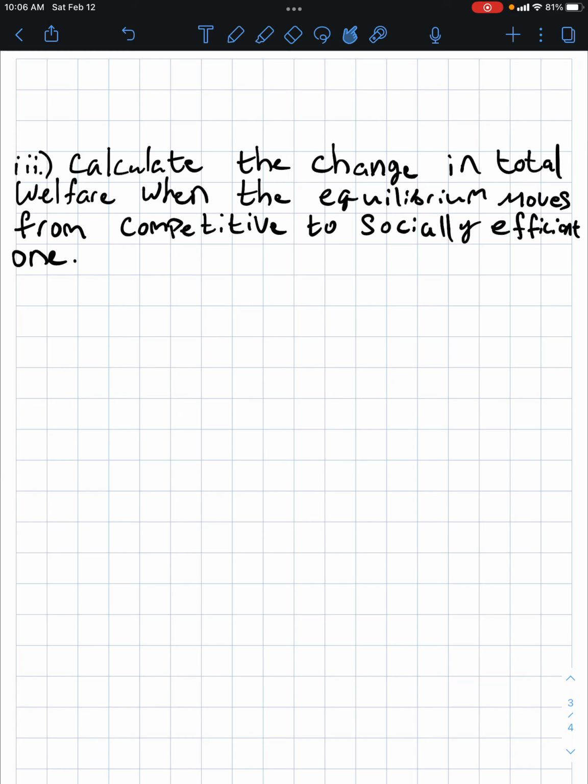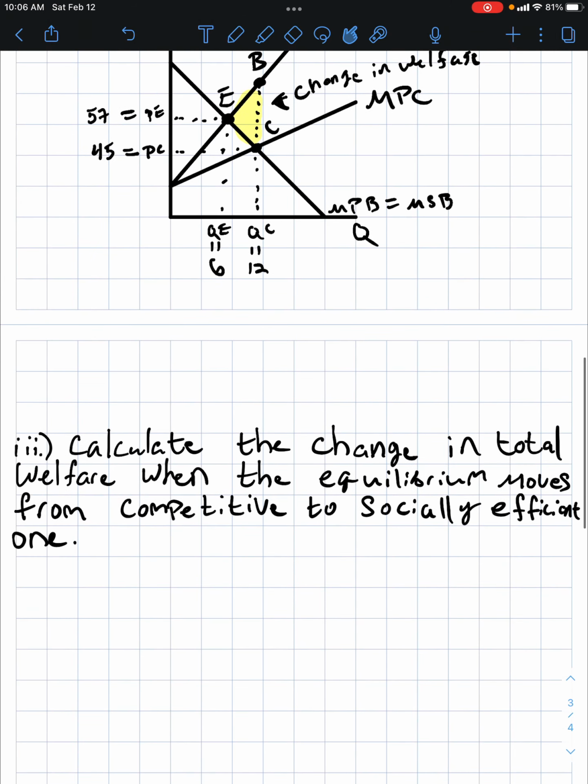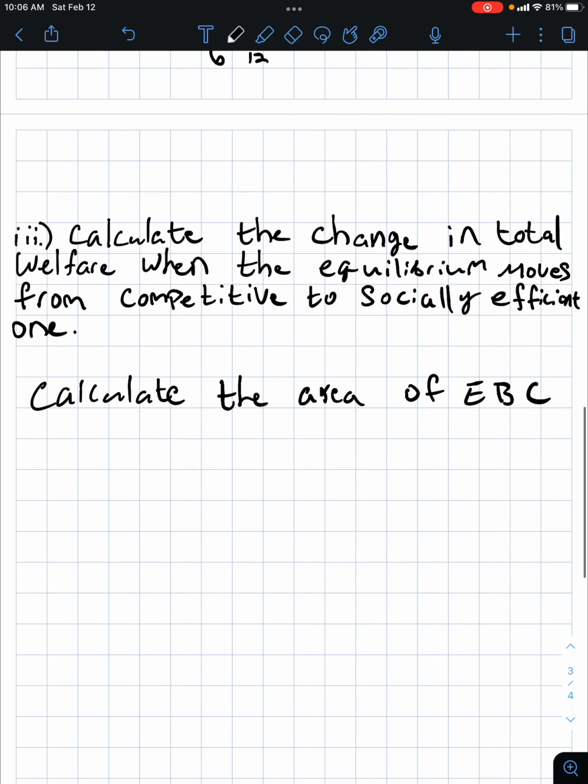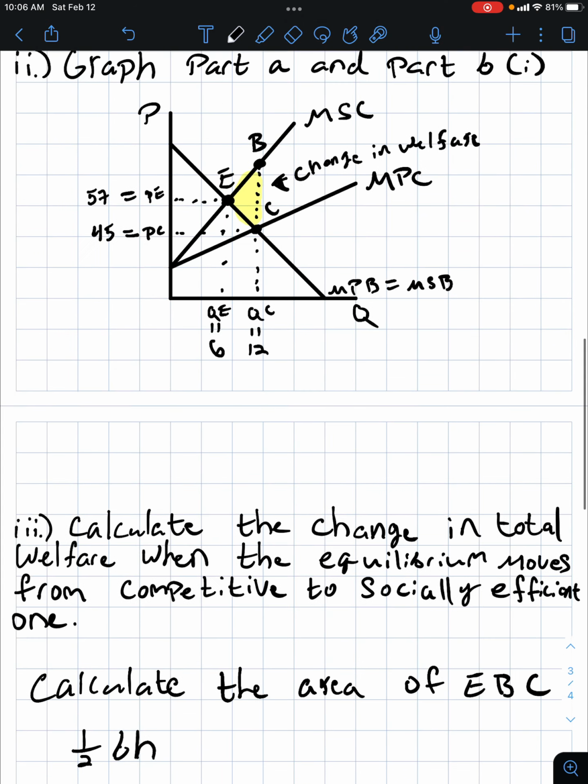Alright, so now calculate the change in total welfare when the equilibrium moves from competitive to socially efficient one. To do that, that is our triangle EBC. So we need to calculate the area of EBC, and to calculate the area of a triangle is just 1/2 base times height.